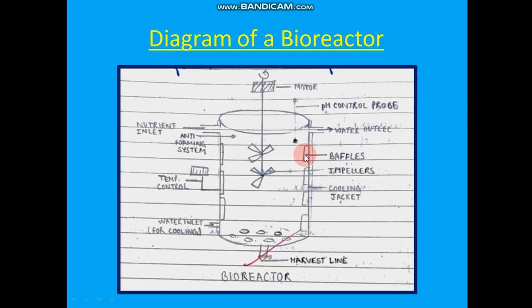So what happens in a baffle? Baffles are actually small metal strips which are radially attached on the walls of the vessel. They are responsible for aeration. You can compare these baffles with your mixer jar. If you see your mixer jar, on the inner side of the jar there may be some lines present, some areas which are protruding out from the surface.